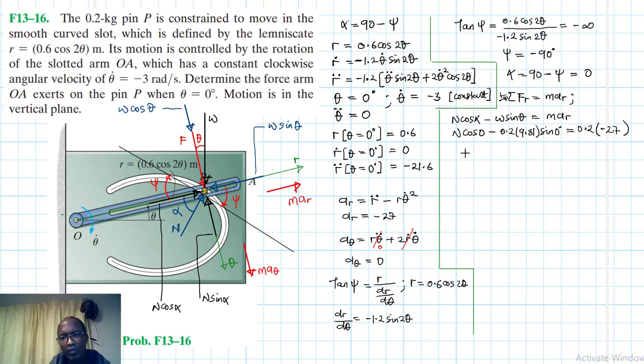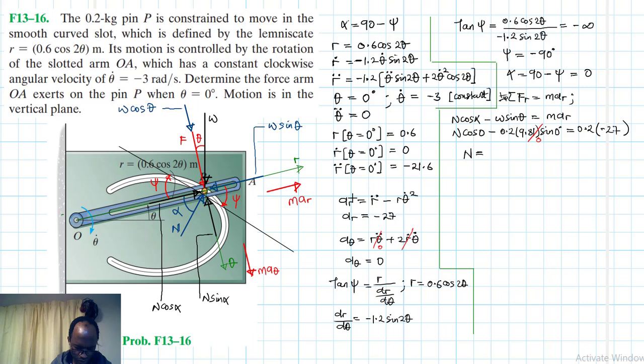Then our value of N will just be equal to, this part goes to 0. Therefore, our N is just equal to 0.2 by 27.